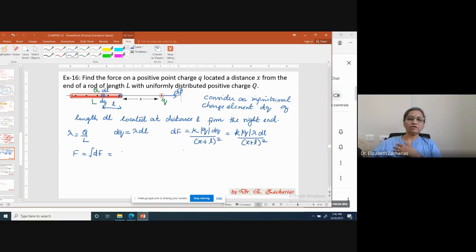So let me integrate. So what do I get? K Q lambda, then integral dl divided by x plus l whole square. Okay, now what do I do? Tell me, which is the variable in this integral?